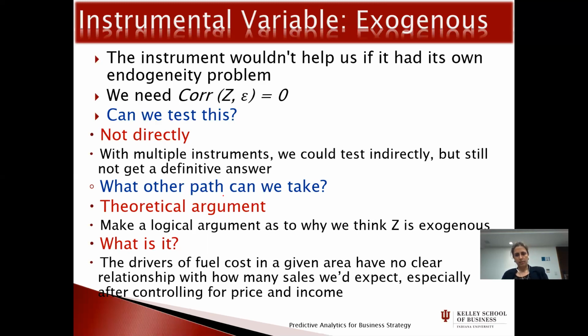This may affect the price that they pay for cereal. This may affect the budget that they have available to buy cereal. But if I control for those two things in my regression equation, that is not going to have a discernible effect on sales anymore, plausibly.